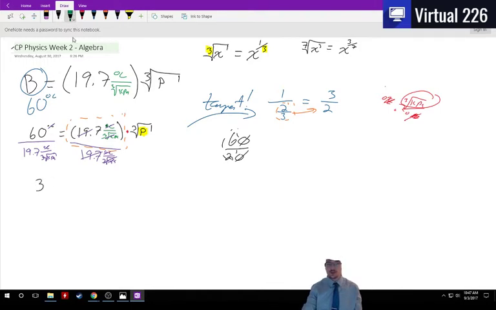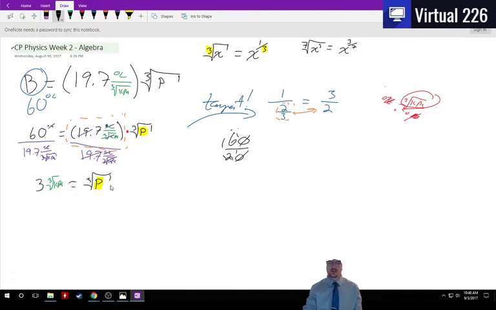The units of this are the cube root of kilopascals, and that is equal to the cube root of some pressure. And this is what we're still looking to find. We're still looking to find that pressure. Now, a little bit of math background here in case you've forgotten.